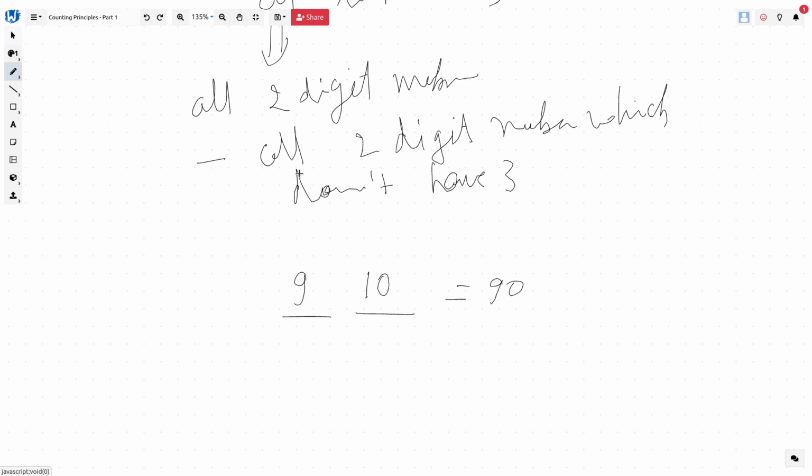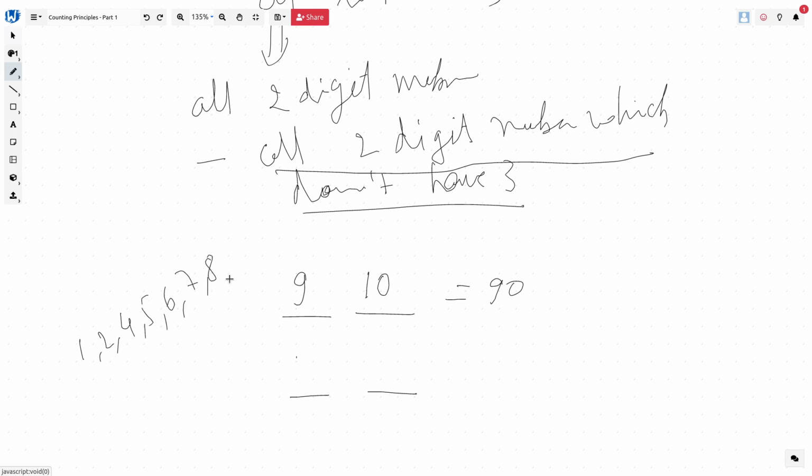Now let's look at this one: all two-digit numbers which don't have 3. Again we draw 2 options here. It cannot have 3, meaning the first digit can be filled in only 8 ways, which are 1, 2, 4, 5, 6, 7, 8 and 9.